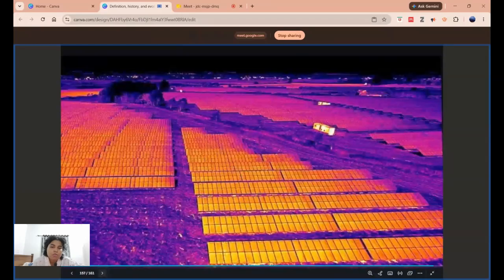Yes. So you see here, this is a solar panel field. What you see is that these solar panels have a little higher temperature as compared to the surrounding areas. So identifying them becomes very easy. So at night, if an image is captured, you will see that the solar panels will show bright color.